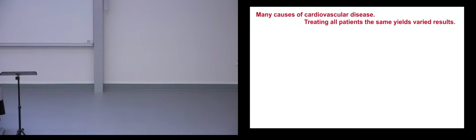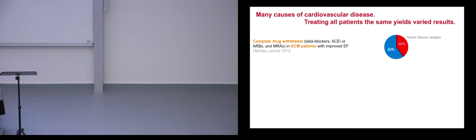The challenge that we have with cardiovascular disease is that our patients are very heterogeneous, and when we give them medications, they don't always respond the same way. And when we take away their medications, they don't respond the same way. This is a short summary of a large trial where they took patients who had been originally diagnosed with heart failure.